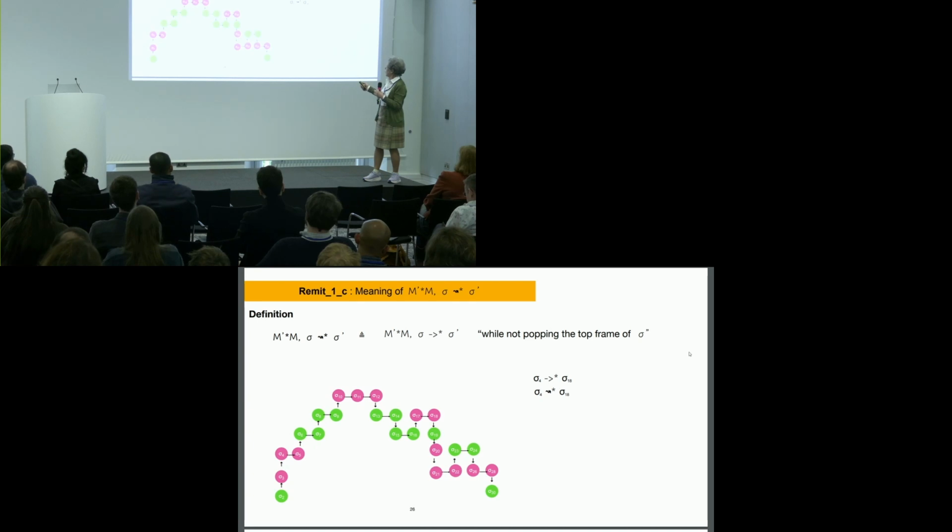So if I look at the scoped execution, I want to only look at things that happen while I'm not popping the top frame. So if I start at sigma 4, I can get to sigma 18 without popping the top frame of sigma 4. I did pop some frames here, but I didn't pop the frame of sigma 4.